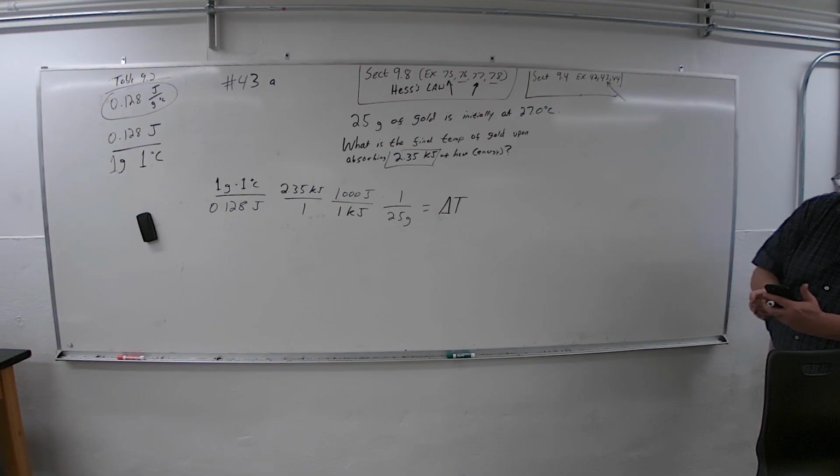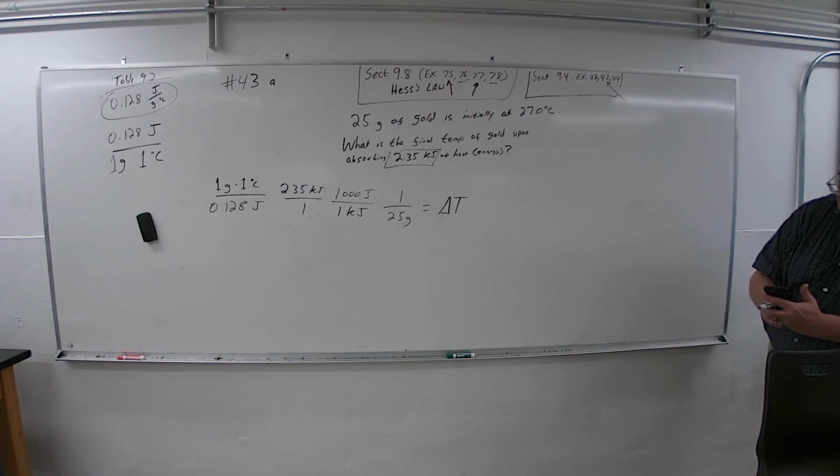I just get this huge number here. 2.35 times 1,000 divided by 0.128 divided by 25. Now I get 734.